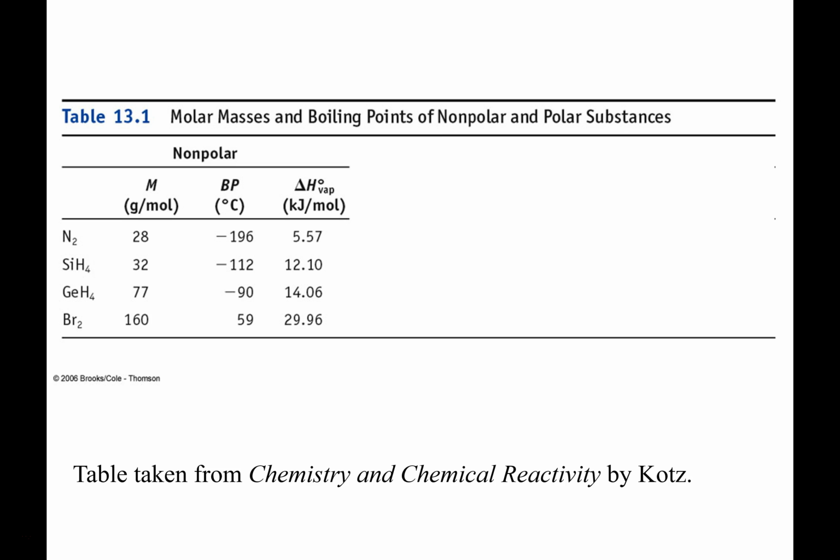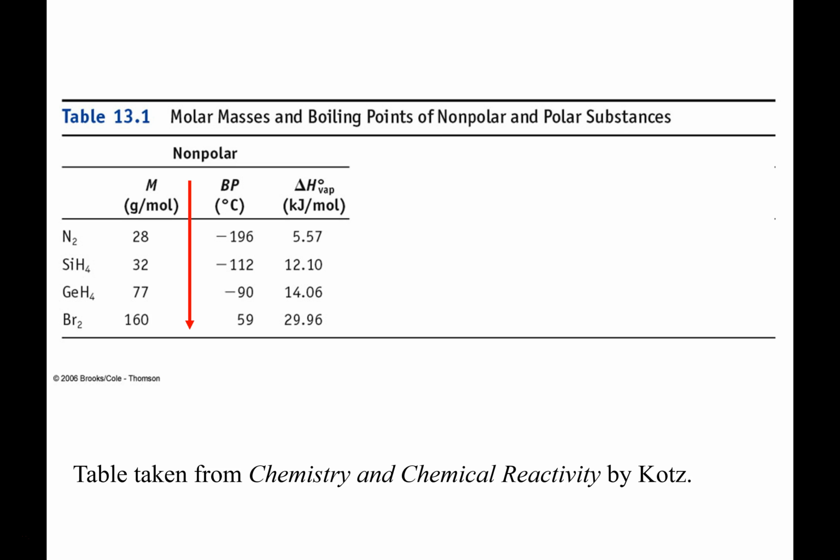The whole negative boiling point temperature kind of hurts my brain. The Kelvin scale is easier because you can clearly see it, but remember that the more negative it is, the lower the temperature. So this would be a low boiling point temperature, with increasing boiling point temperatures, increasing molecular weight. Increasing heat of vaporization is perfect.